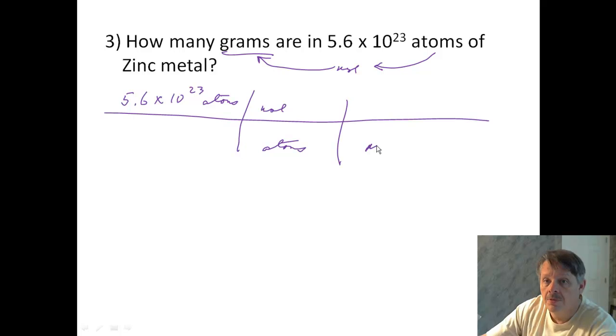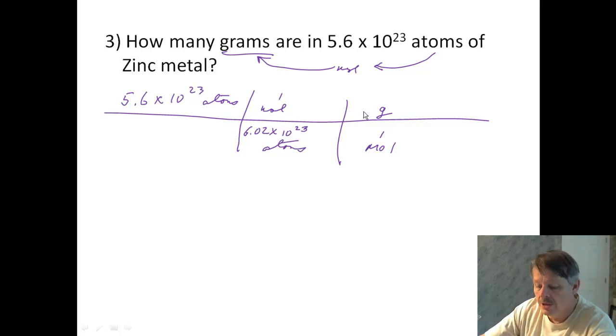And then we have to convert from moles to grams. Now, our 6.02 times 10 to the 23rd is our number of atoms in 1 mole. In 1 mole, we have to look at our periodic table to figure out that zinc weighs 65.39 grams per mole. Now we go into the math, and we come up with a total of 61 grams. And you'll notice I have 2 sig figs in my answer because I have 2 sig figs in my problem.